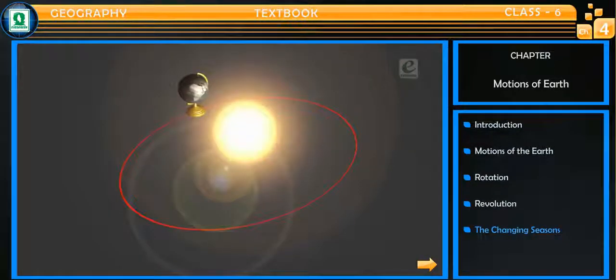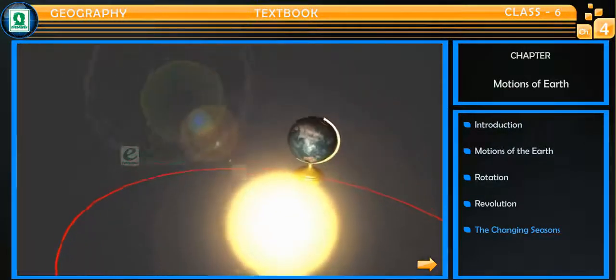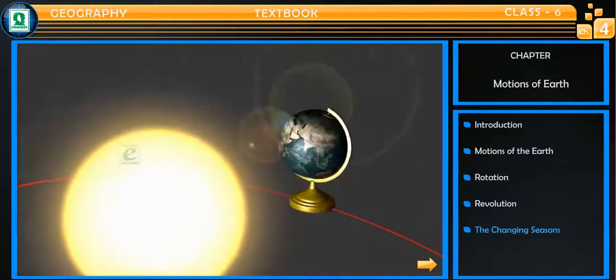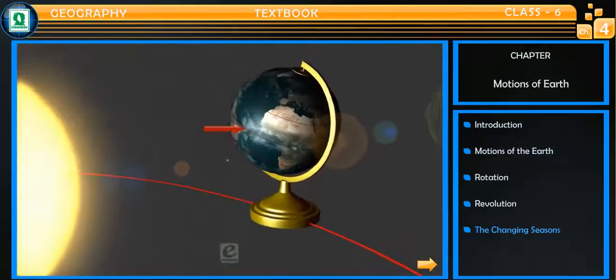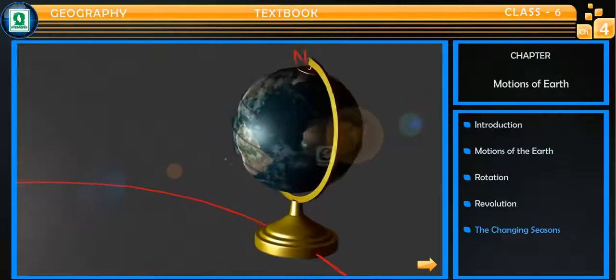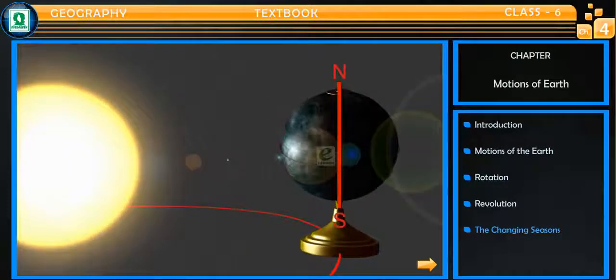Broadly, we see there are four positions: spring equinox, summer solstice, autumn equinox, and winter solstice. Spring equinox. On March 21st, the overhead sun is at the equator. The equator receives the largest amount of solar radiation. Both the North Pole and the South Pole are neither inclined towards the sun nor away from it.